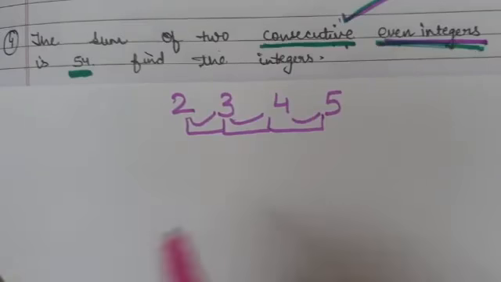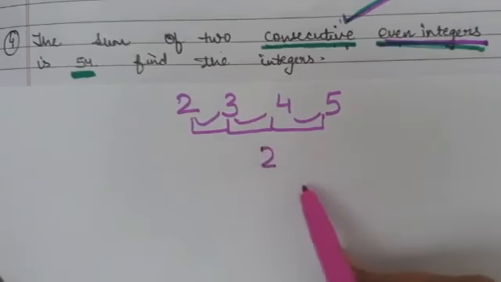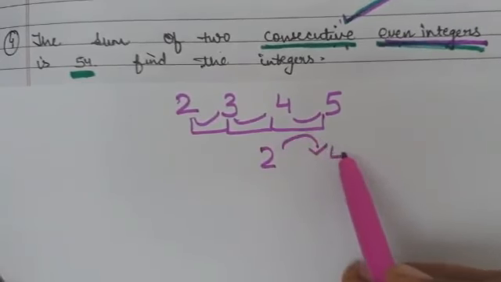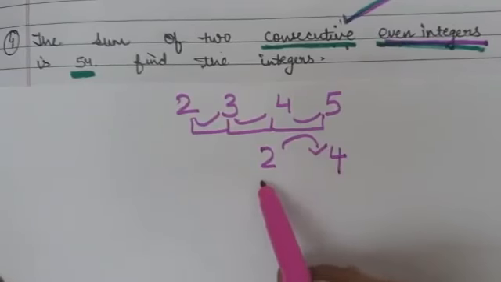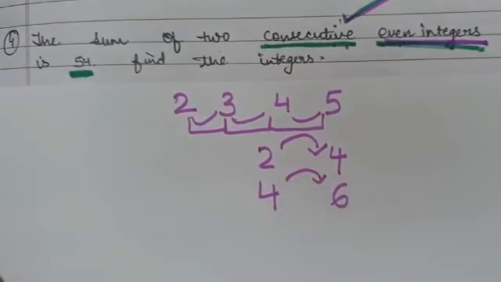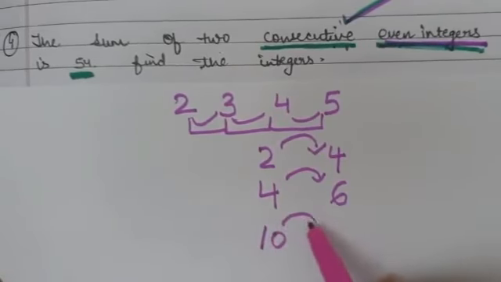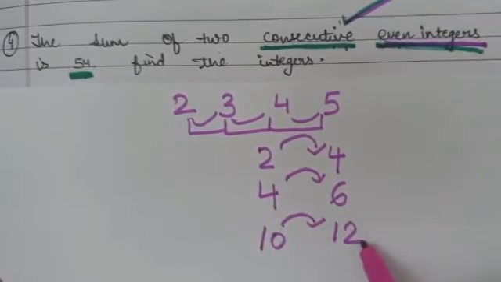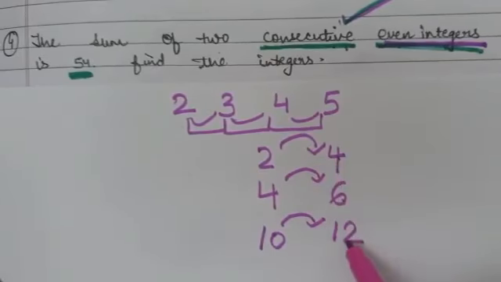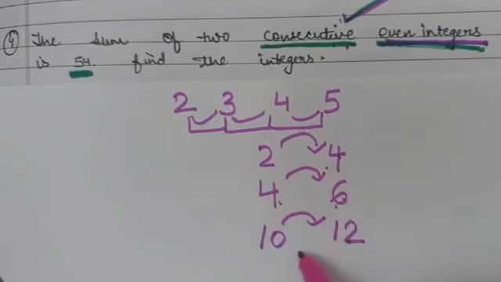So now suppose you are thinking the first even number is 2. So what will be the next number which is even? That will be 4. Suppose you are thinking 4 in your mind, so the next number will be 6. If you are thinking 10 in your mind, so the next number will be 12. If you see carefully, these consecutive even integers we are getting after adding 2.